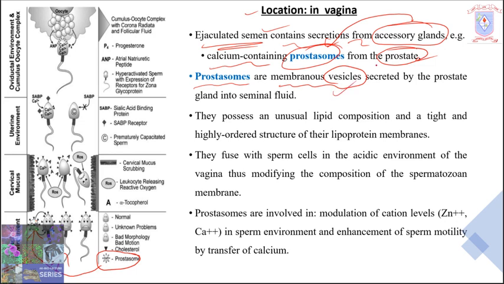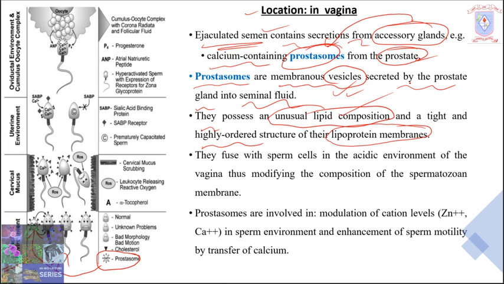Prostasomes are membranous vesicles secreted by the prostate gland into the seminal fluid, and they possess an unusual lipid composition and a tight and highly ordered structure of their lipoprotein membranes. Since it is a vesicle, the membrane is composed of lipids and proteins, but its lipid composition is a little bit unusual compared with other vesicles.